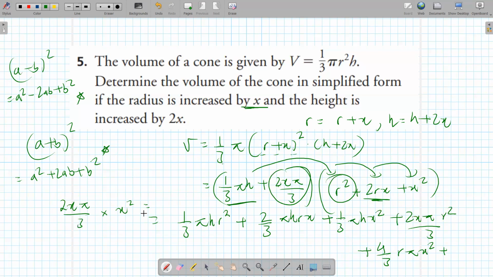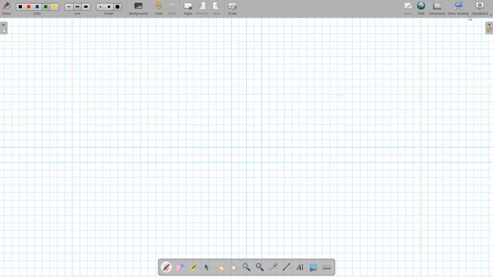What does that give? Do you just get 2x to the power 4 times pi over 3? 2x cubed pi over 3, and you're done. Okay, that was annoying. There's a lot of terms in there.